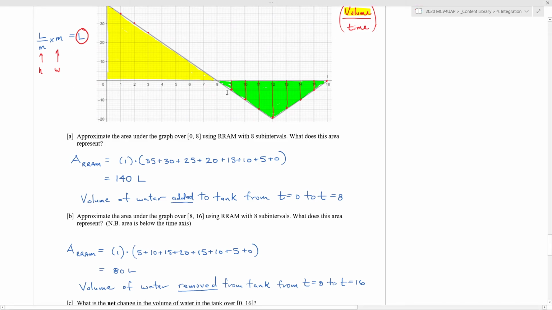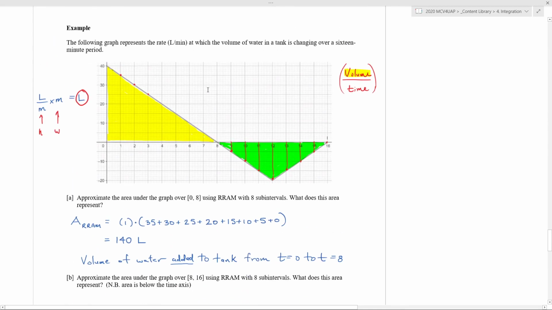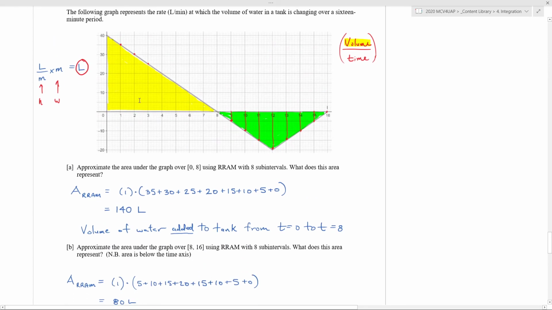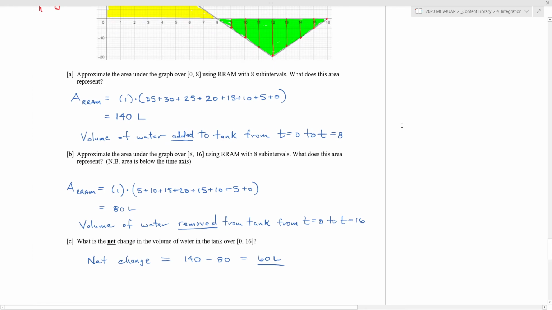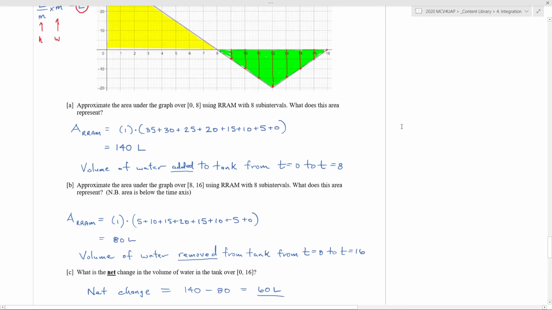So over the first 8 minutes, I'm adding water, and over the last 8 minutes, I'm subtracting water. So, part C, what is the net change in volume of water in the tank? Well, if we've added 140 liters, and then we've removed 80 liters, the net change is 60 liters.